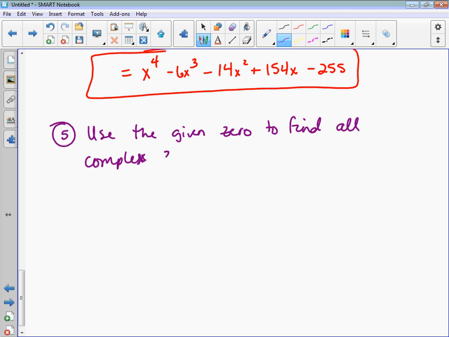That's next. Okay. So f of x equals 2x to the 5th plus x to the 4th. So guys, how many zeros should there be?